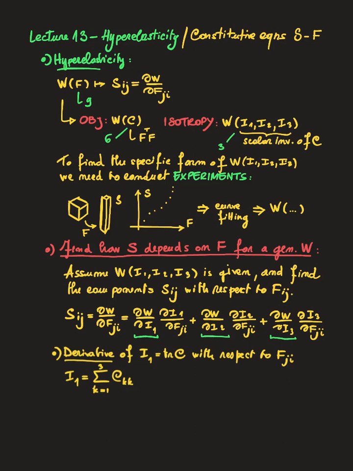It's just the sum of the elements sitting on the diagonal. And I also remind you that C_KK is equal to F_LK F_LK with sums in L. So in other words, this I1 can be written as the sum for K from 1 to 3 and the sum for L from 1 to 3 of F_LK F_LK.